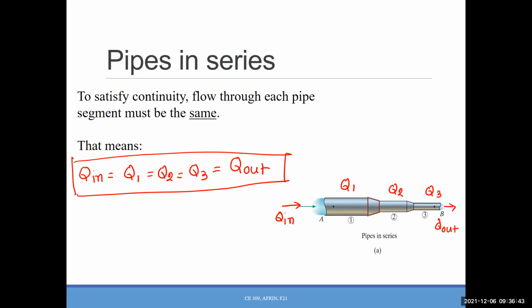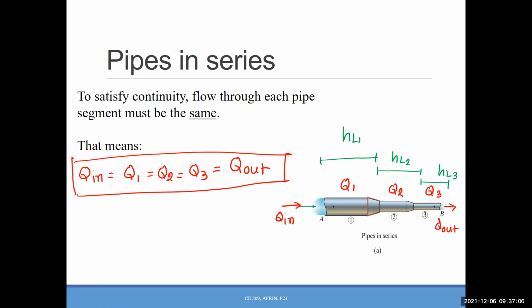Now, what about the head loss? For pipe 1, we will have head loss 1. For pipe 2, we are having head loss 2. For pipe 3, we are having head loss 3.